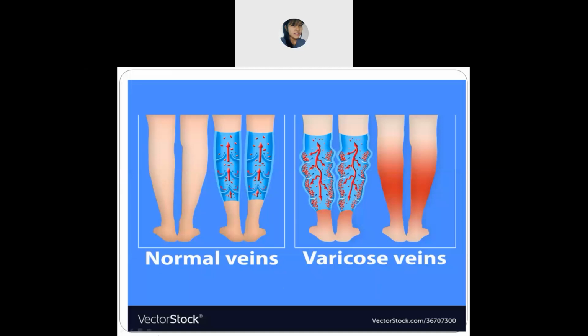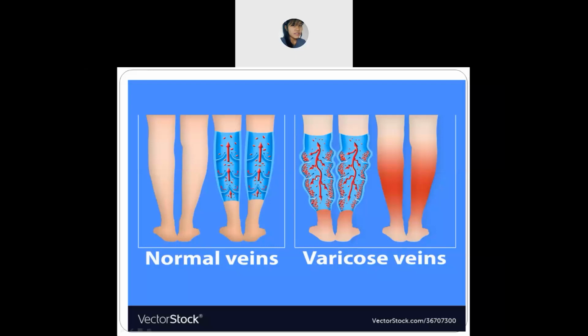So what do we mean by varicose vein? Varicose veins are twisted. They are not straight. In the normal veins, you can see they are straight, going normally in the upward direction.